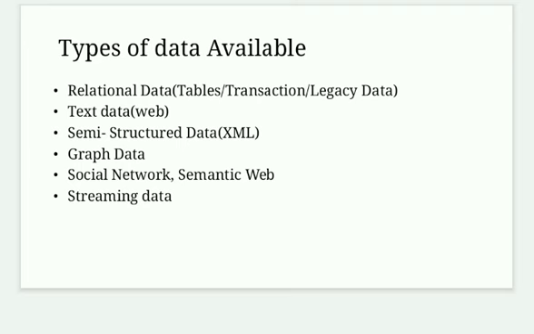Then social network data, which you already know. Semantic web data, where semantics is nothing but dictionary data. And streaming data, like live streaming, online video streaming, YouTube videos, all of which come under streaming data.